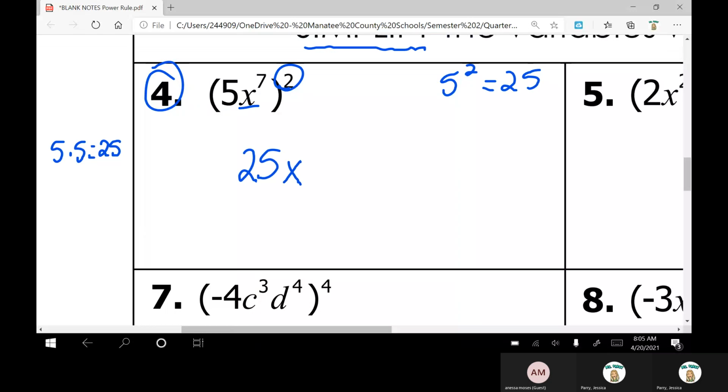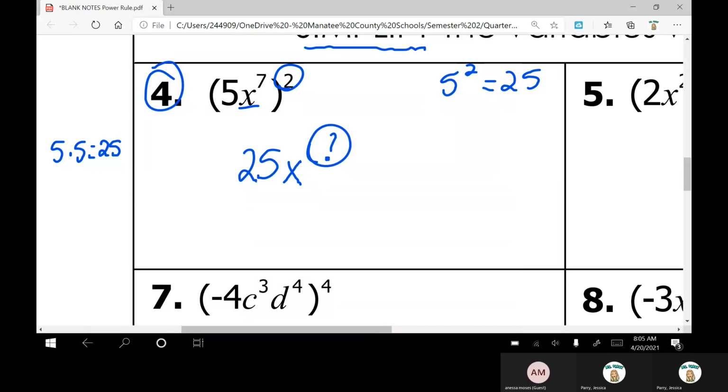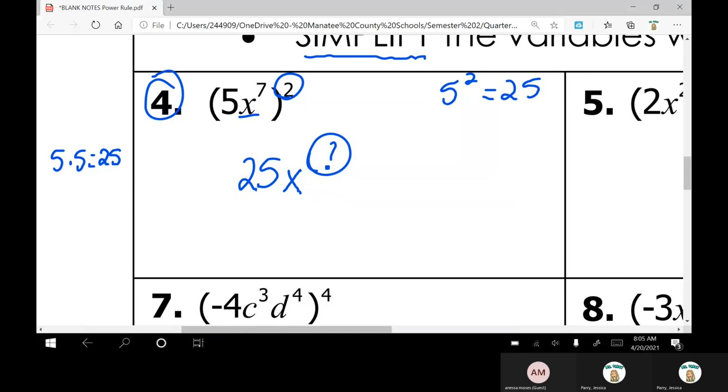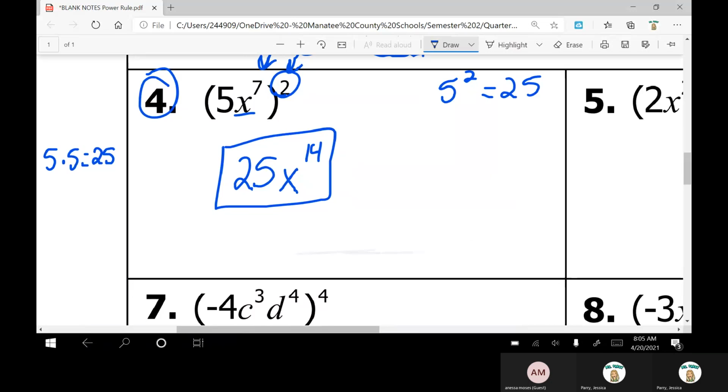What would my exponent be for x? What would I put here? You can turn your microphone on or you can type it in the chat. 14, perfect, because all you do is multiply. 7 times 2 is 14. So then there you go. That one's finished.